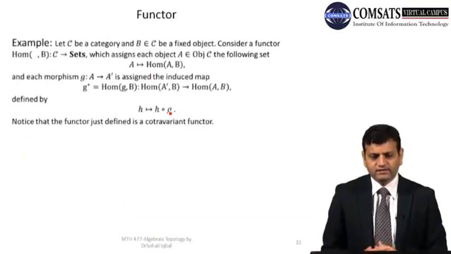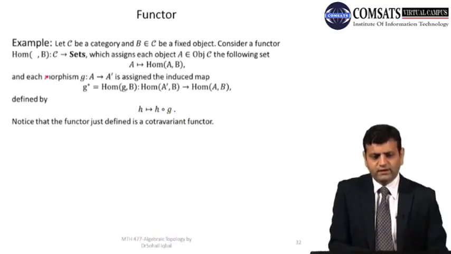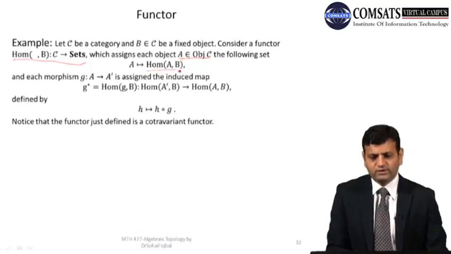Let C be a category and B a fixed object of C. Consider the functor Hom. How do we define this functor from the category to the category of sets? If any object A is given, then A is taken to Hom(A, B). That's how we define images of the objects of the category C. And since it's a functor, I also need to give the image of each morphism.